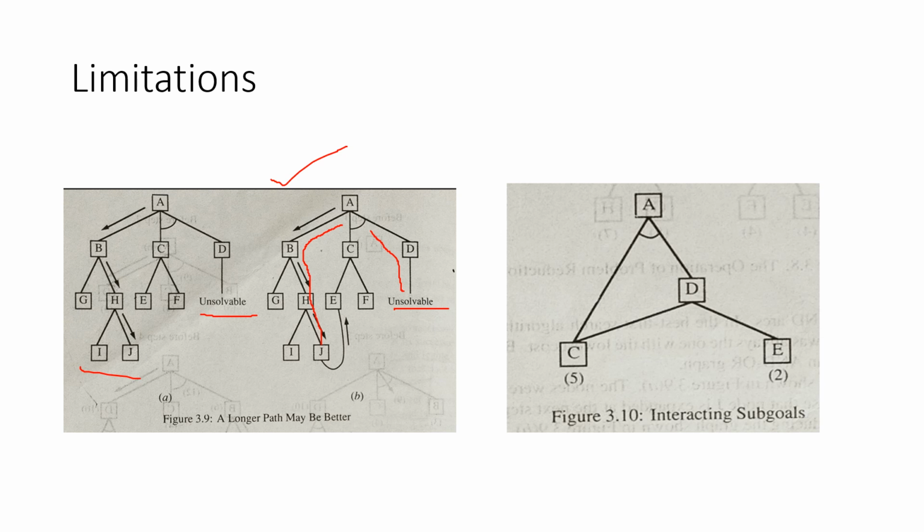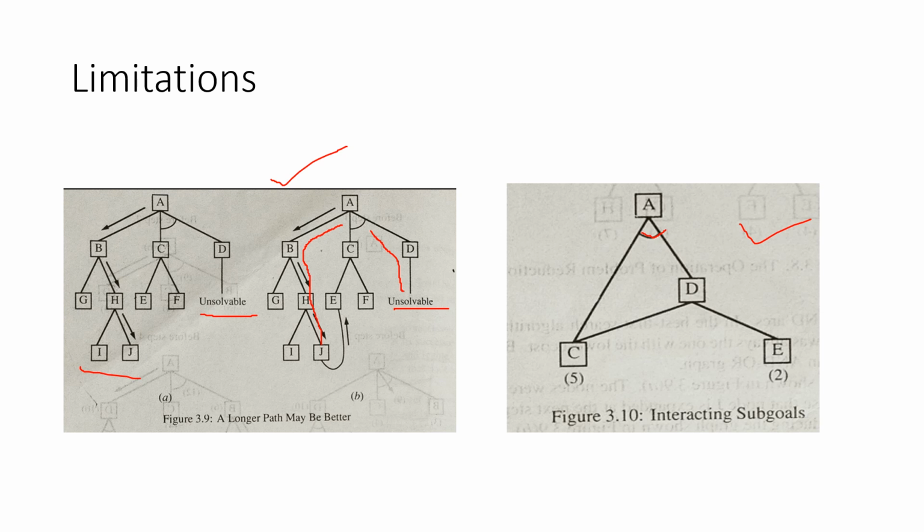And the second limitation, that is actually the second figure here. A is the main goal, and to solve A, we must solve C and D. There is an AND OR, so we have to solve C and D. To solve D, we must solve C or D. So here, the subgoals of C appear in two different places.